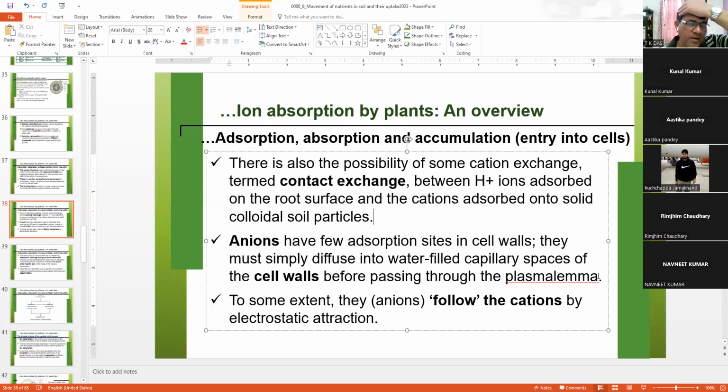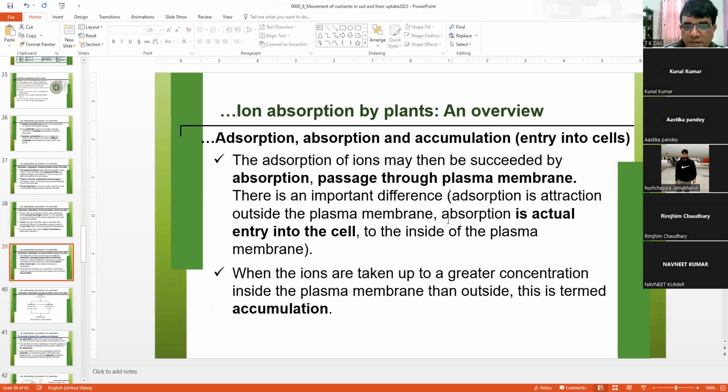One more way through which the anions can enter the cell wall spaces: to some extent, they follow the cations by electrostatic attraction. There may be hydroxyl ions sometimes which can exchange for anions. The adsorption of ions may then be succeeded by absorption through the plasma membrane.